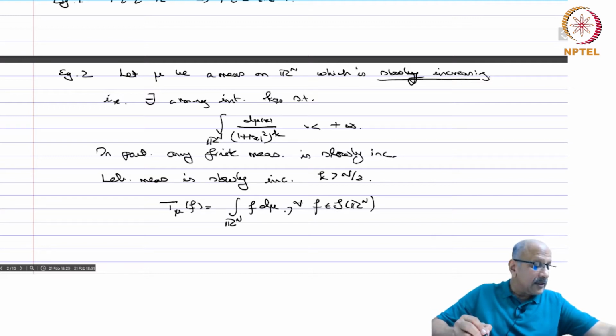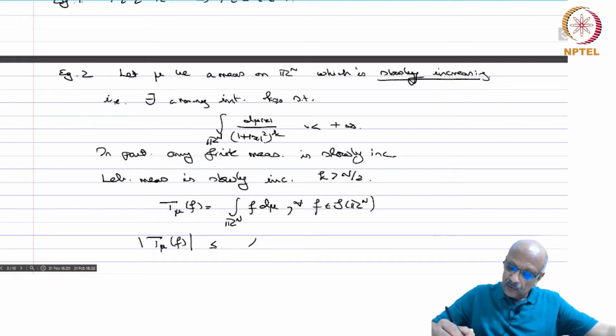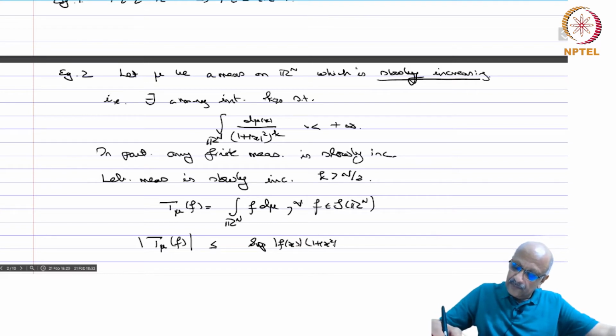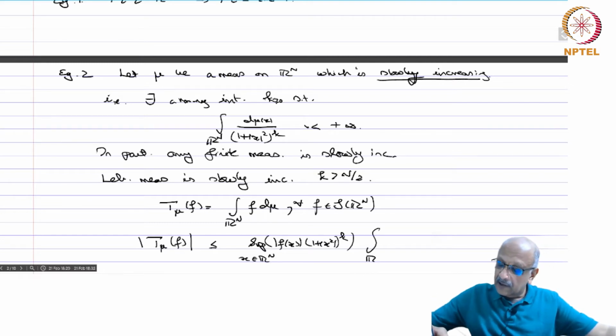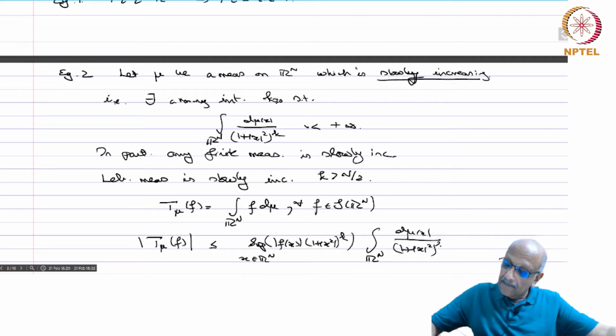Okay. So then T mu is a linear functional and mod T mu of f is less than or equal to the sup over all x in Rn of mod f(x) times (1 plus mod x squared) to the power of k, times the integral over Rn of d mu of x over (1 plus mod x squared) to the k, and therefore this is finite.